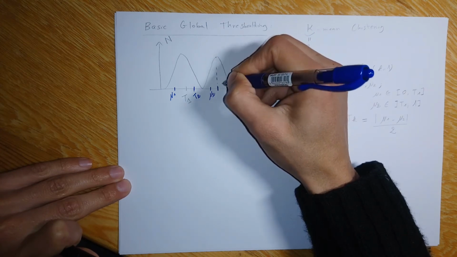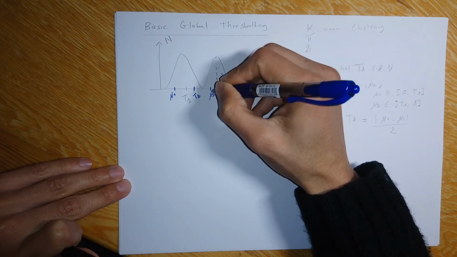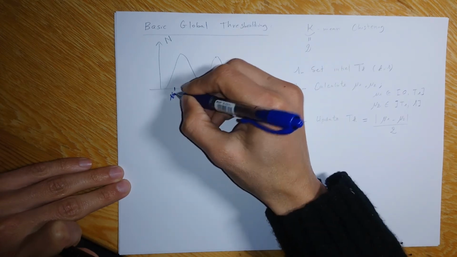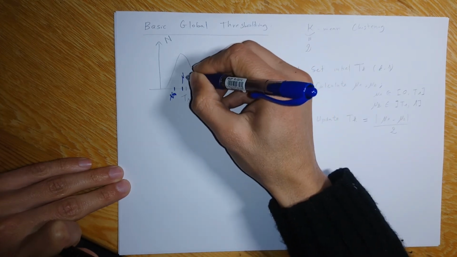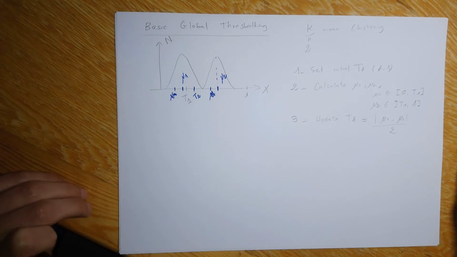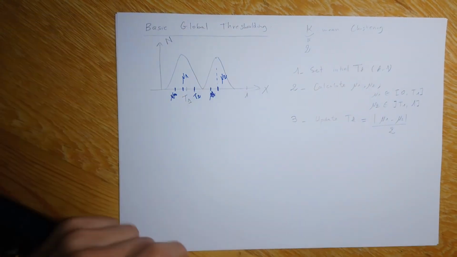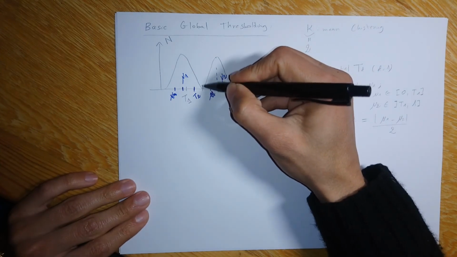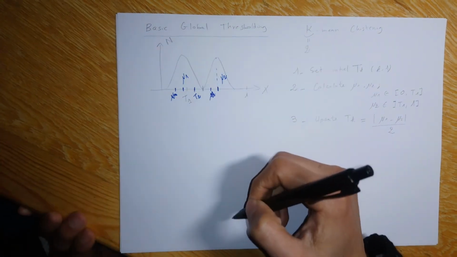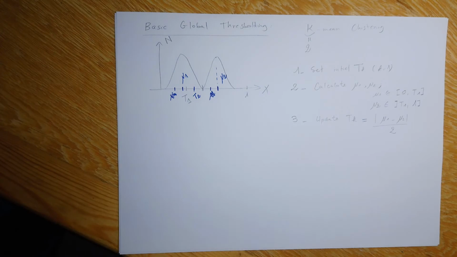This would be mu2 and this would be mu1. The center of mu1 and mu2 is here, so it's close to the valley. And the valley is, as I said in the previous video, a good place to pick a threshold.